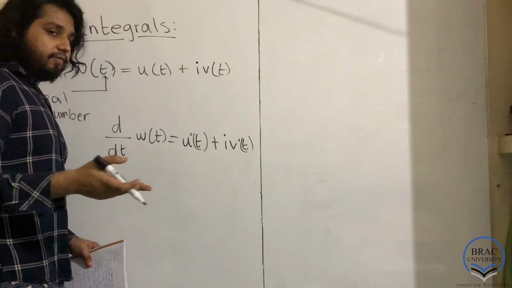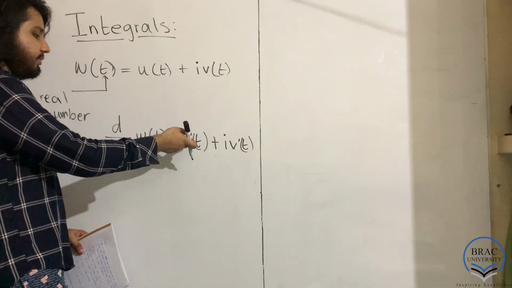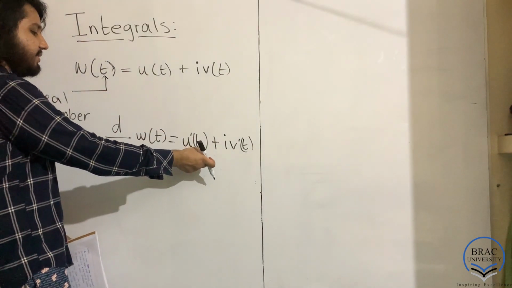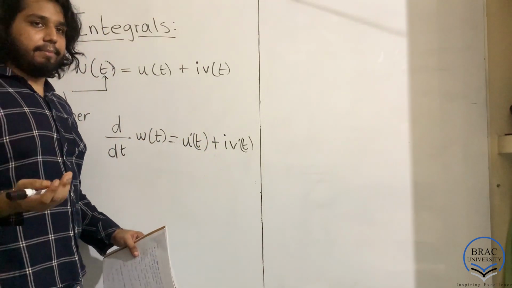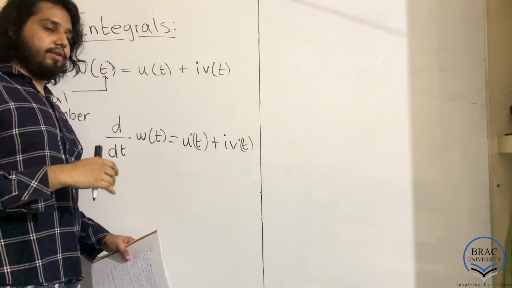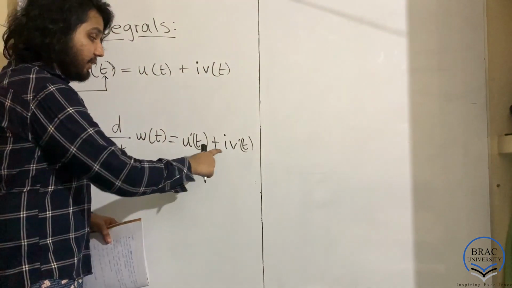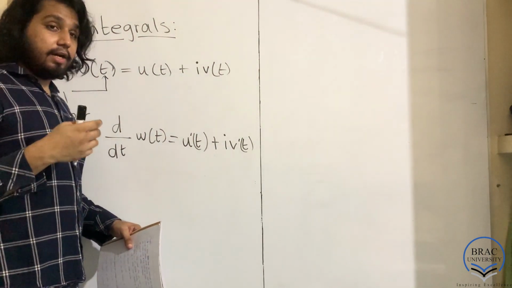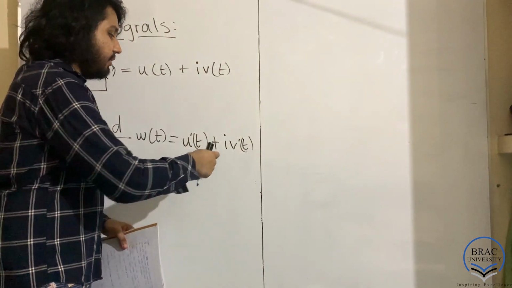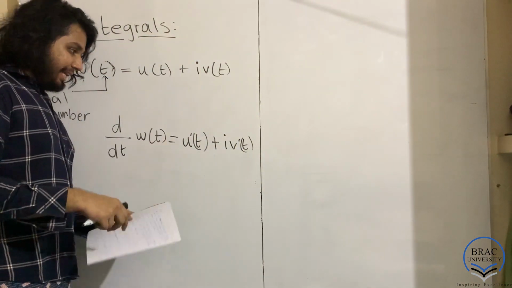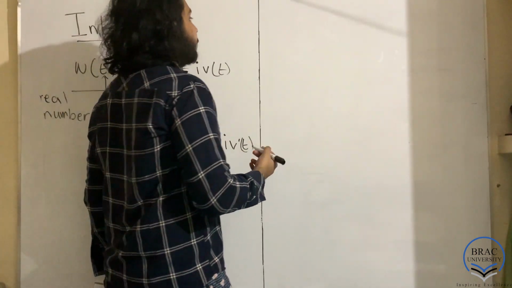Remember, the prime denotes the first derivative with respect to whatever you're differentiating with, here t. Now, i is being treated as just a simple number, which is why it's taken out of the derivative, since i is not a function and is not dependent on t.